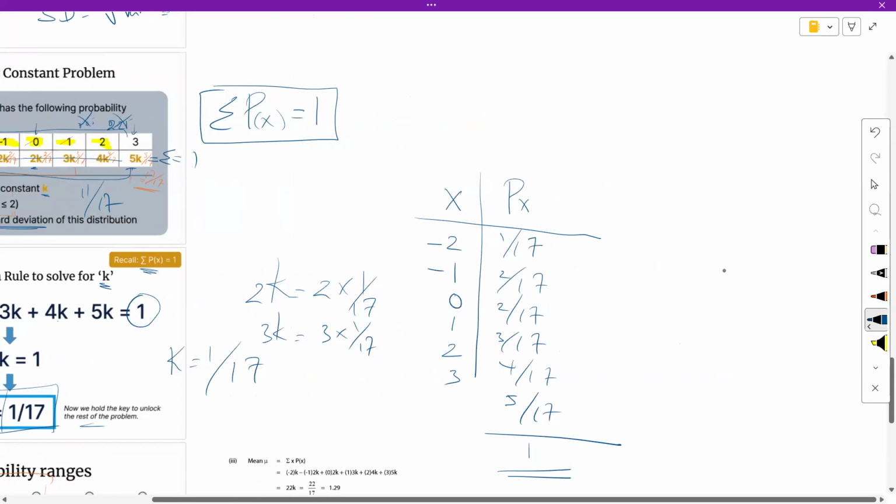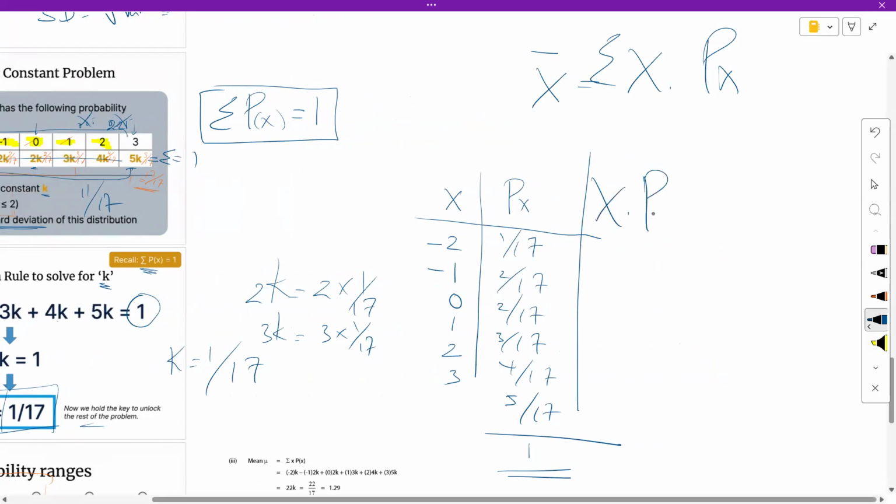Then what is the formula to calculate the mean? Very simple: x into p(x), and we take the sum. Now we create another column, x into p(x).